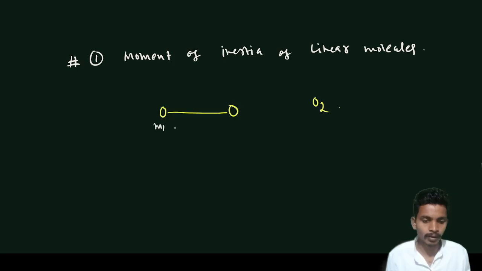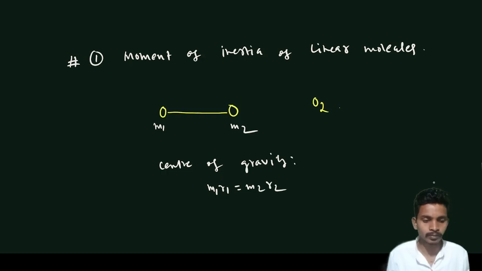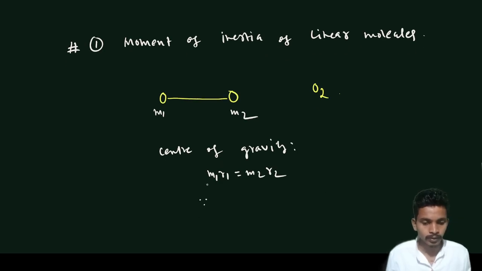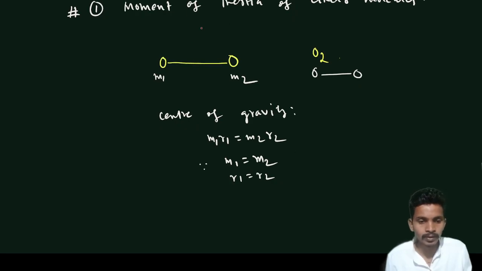Let's say this is M1 and this is M2. The center of gravity condition is M1 R1 equals M2 R2. Because here M1 equals M2, since both are oxygens, R1 has to be R2. So the center of gravity will lie in the middle of the two oxygens.